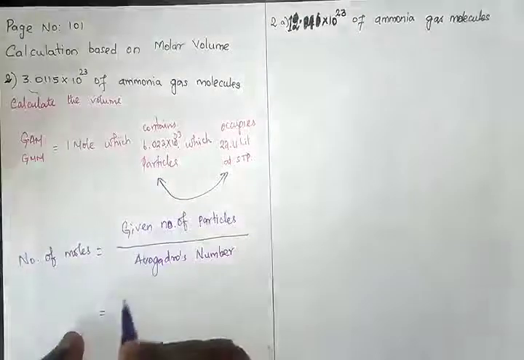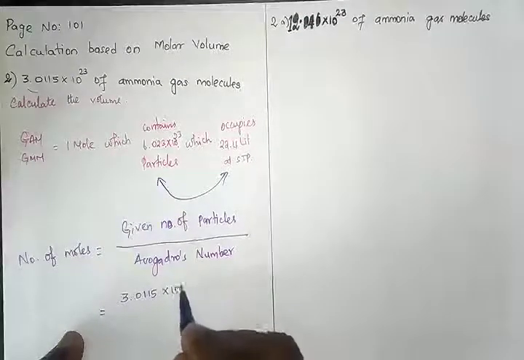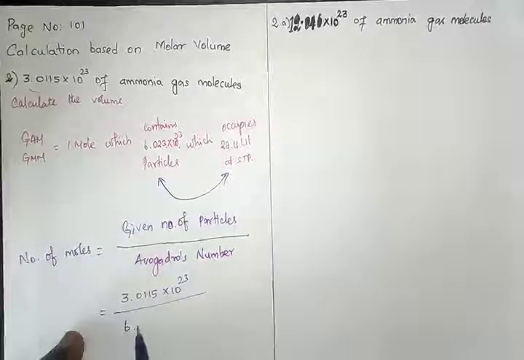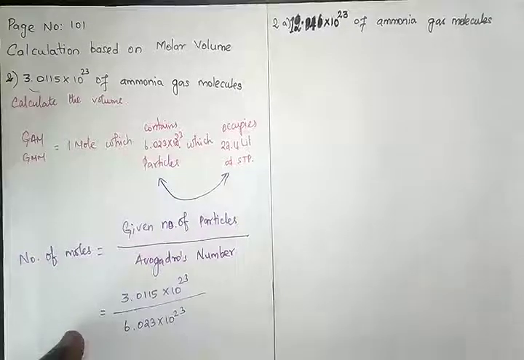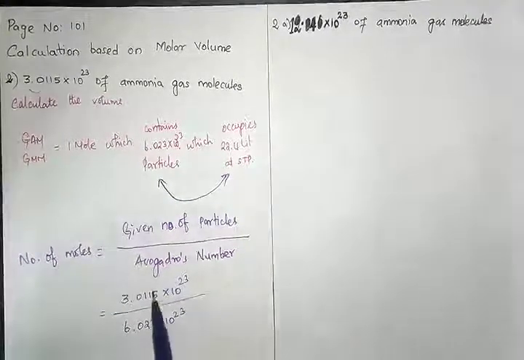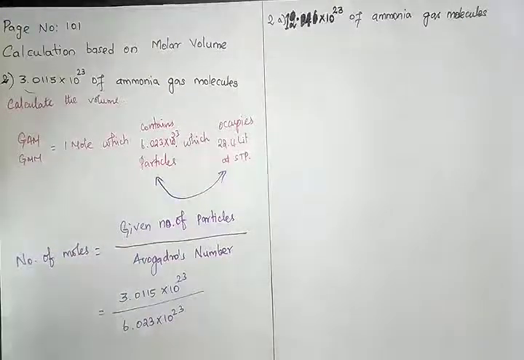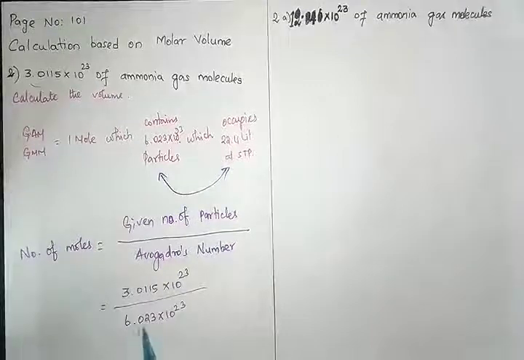Right. So tell me, what is the given number of particles? Given number of particles is this, 3.0115 in 10 to the power of 23 divided by Avogadro number, which is 6.023 into 10 to the power of 23. So what we need to do is, we need to divide this. See, my dear children, when you come across such numbers, it's very simple to divide. See, what is half of this number?